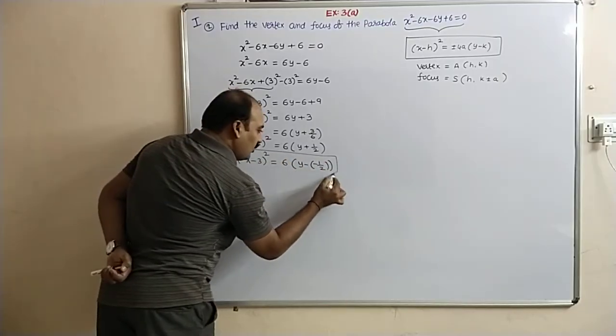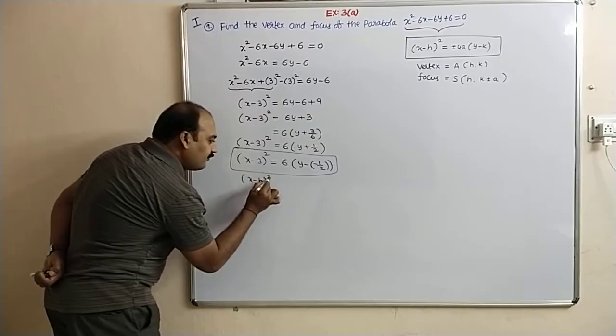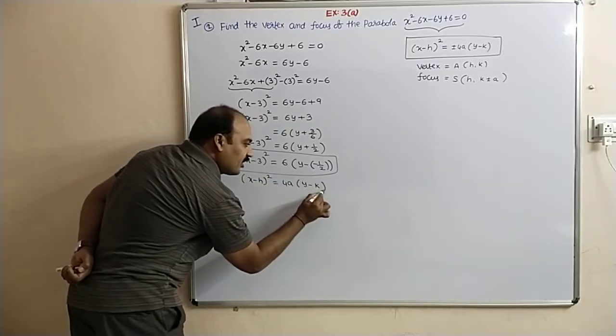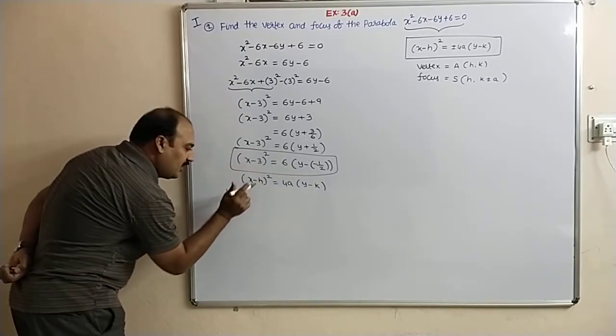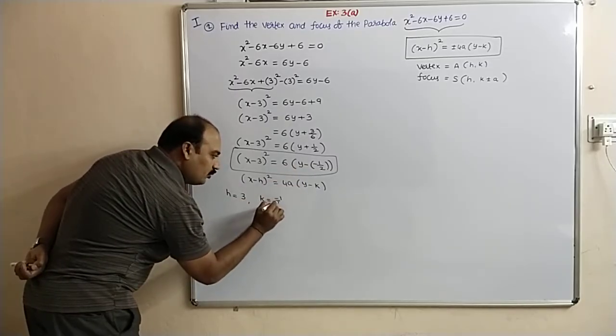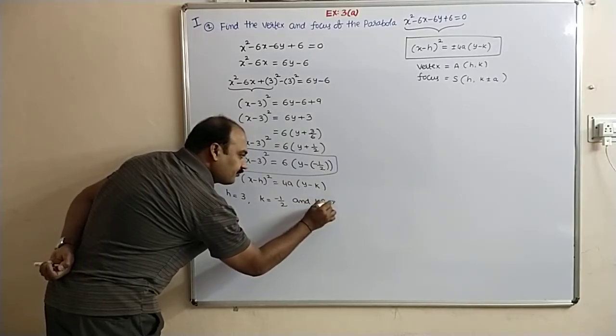This equation you have to compare with x minus h whole square equal to 4a into y minus k. Then we have h is equal to 3 and k equal to minus 1 by 2. And 4a equal to 6.